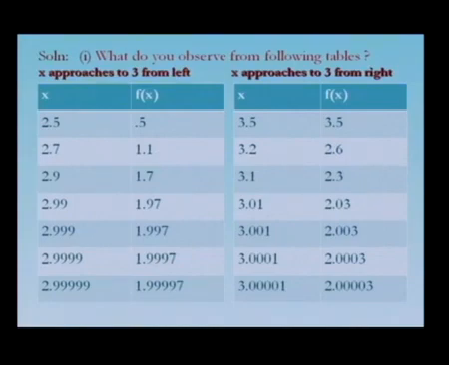Similarly, when x is 2.99999, f(x) is 1.999997. That shows that when x is very close to 3, f(x) becomes very close to the number 2.